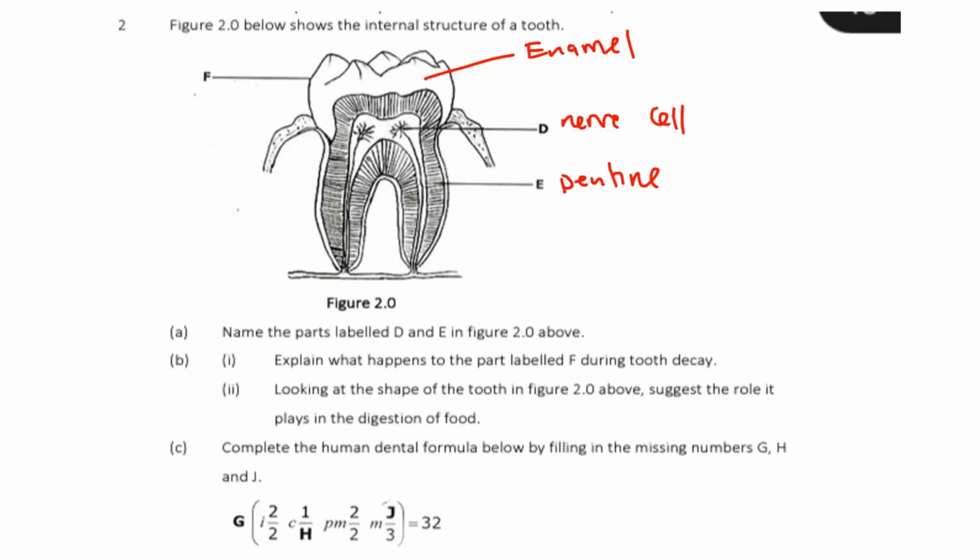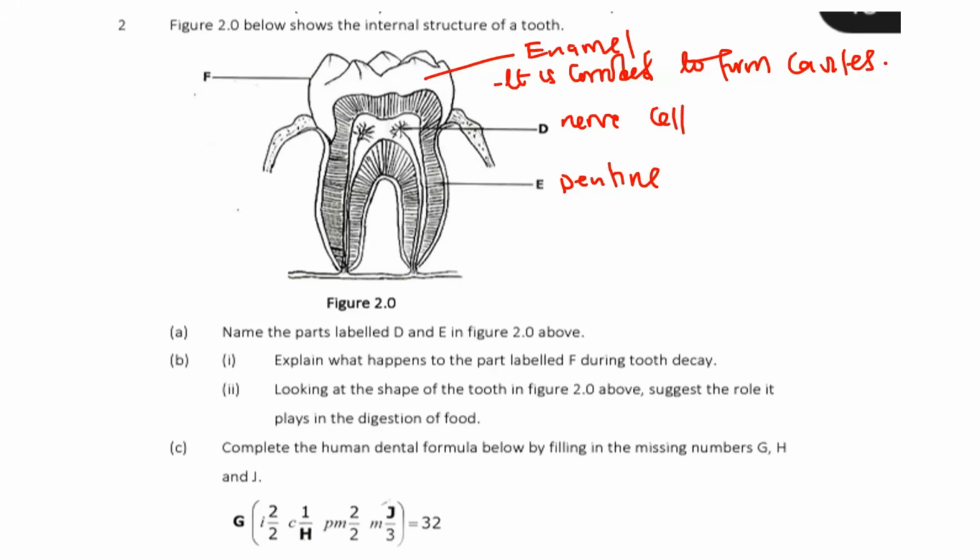What happened is that the enamel is corroded or dissolved by acid to form the cavities. That is what happened to the enamel.